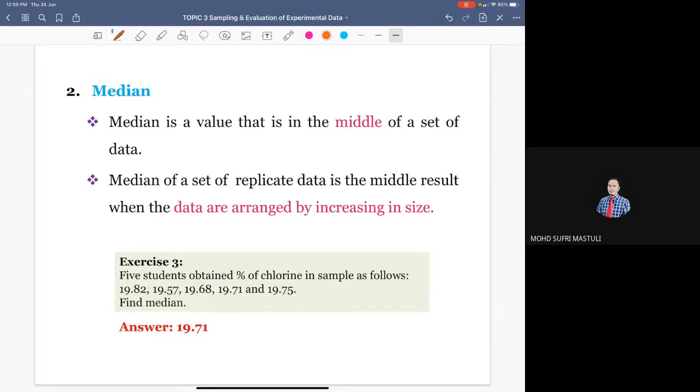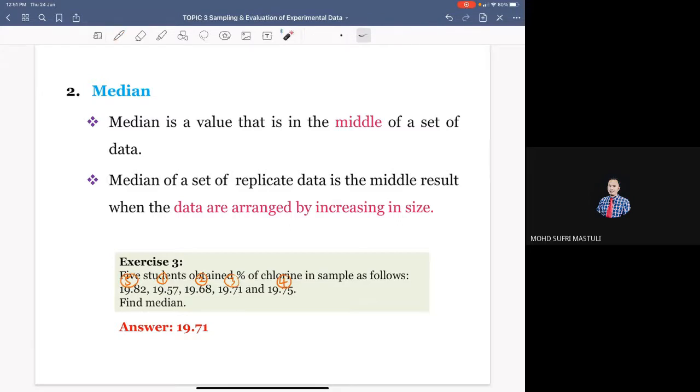The lowest one is number 1, and then number 2, number 3, number 4, number 5.